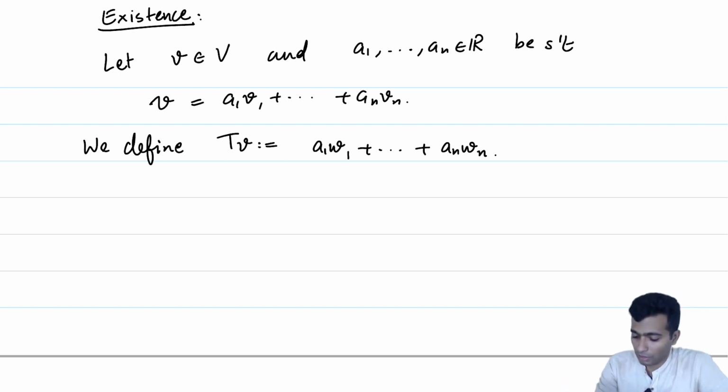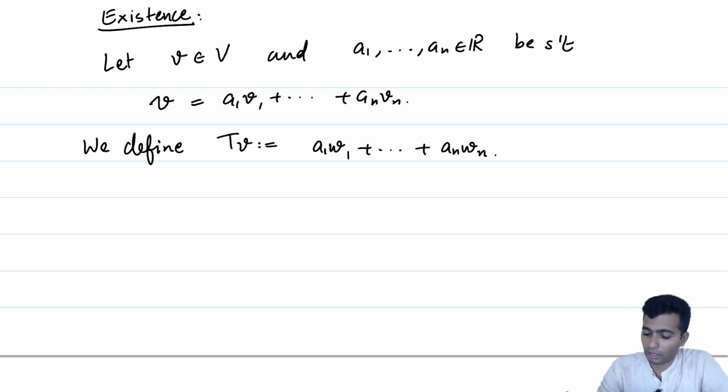Now many questions will come up. First question being whether T is a well-defined map at all. Answer is yes, because of the theorem we have proved earlier, namely that if V1, V2 up to Vn is a basis of a given vector space V, then every vector has a unique expression as a linear combination of the basis vectors.